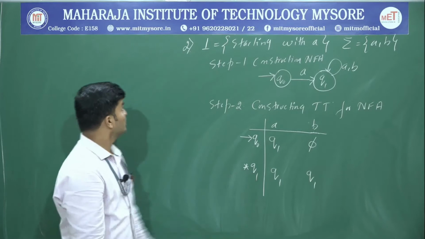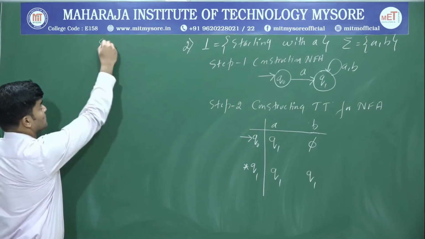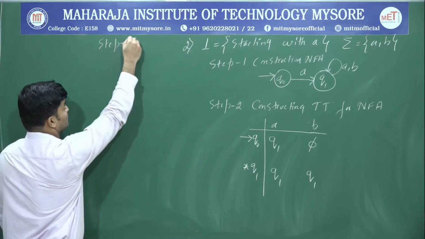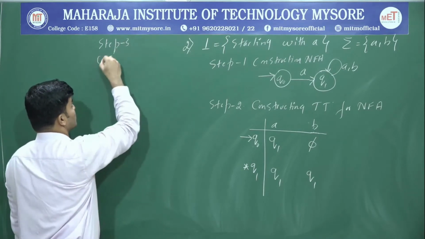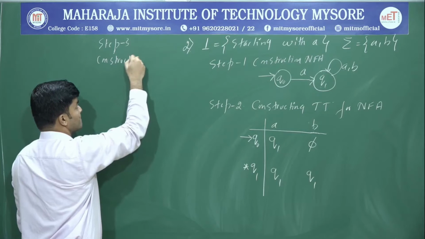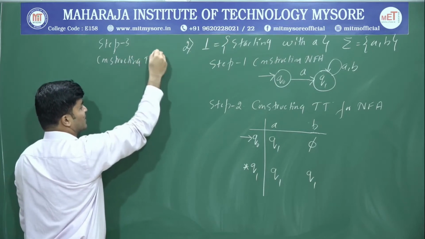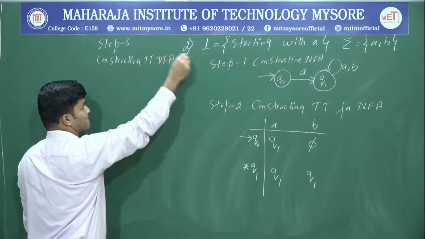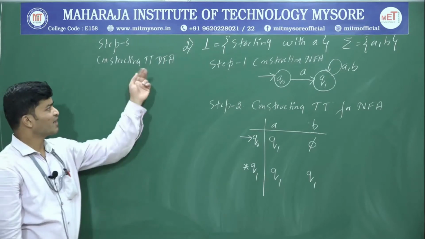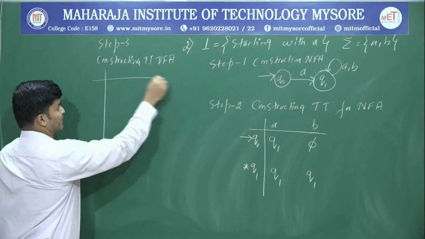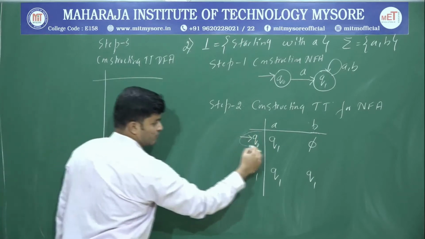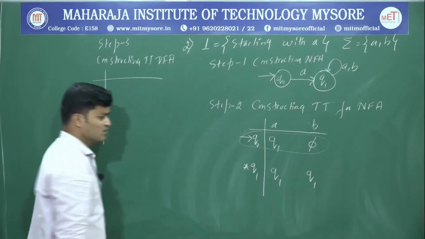Now go towards step 3. What is step 3? Step number 3 is constructing the transition table for the DFA. This will be as it is with small changes.